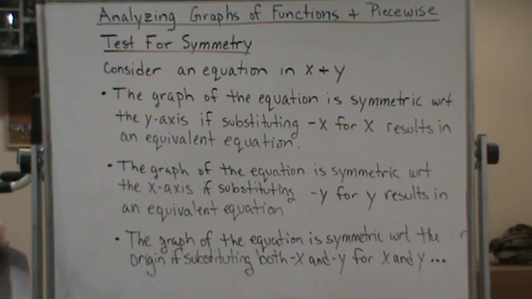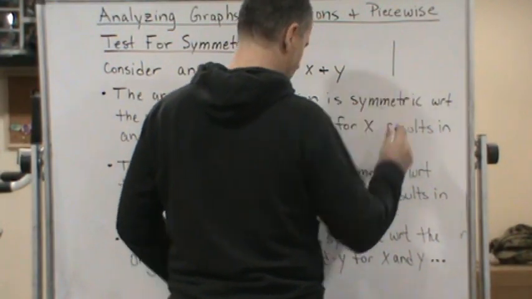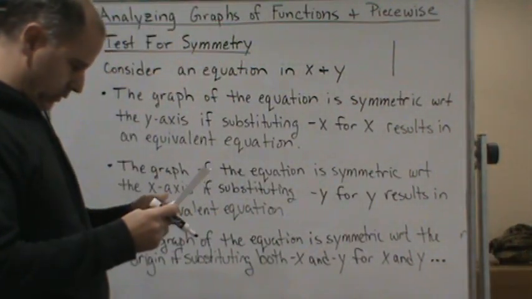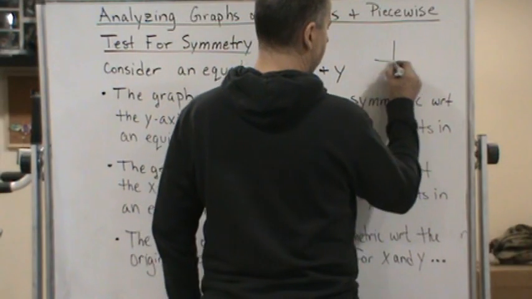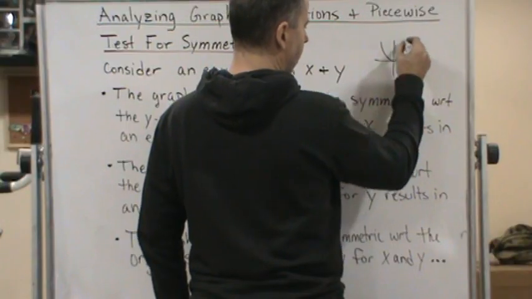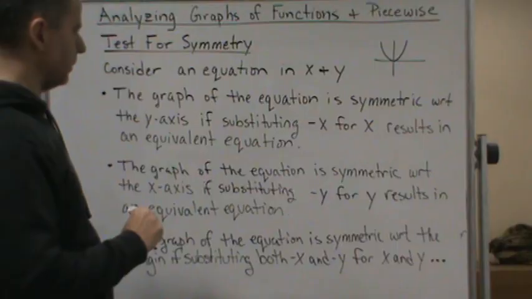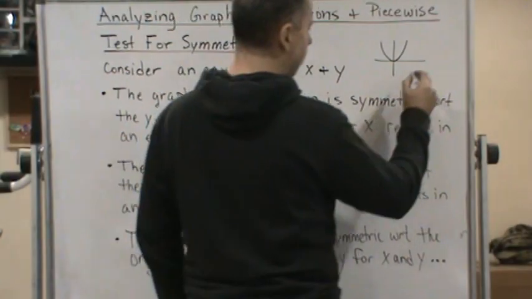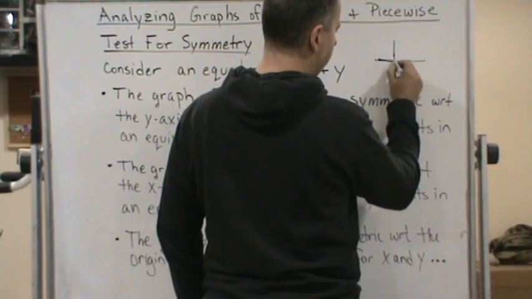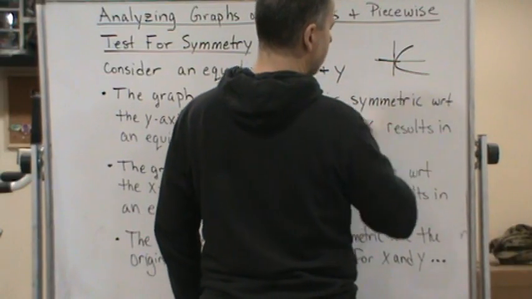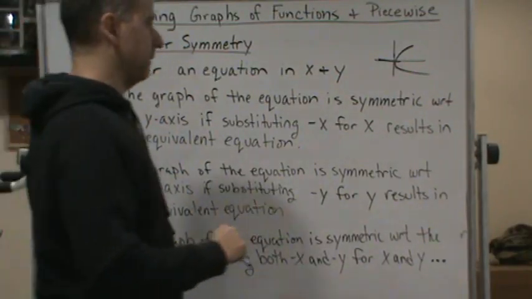Okay? So for example, if I have something like this, that would be symmetric with respect to the y-axis, right? If I have something like this, that is symmetric with respect to the x-axis.